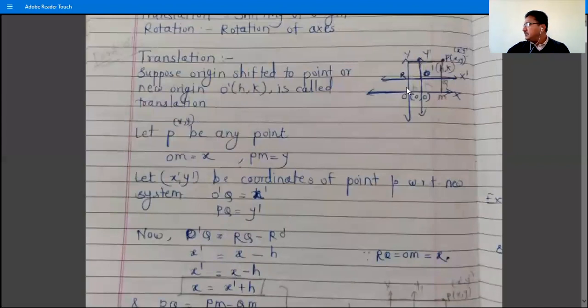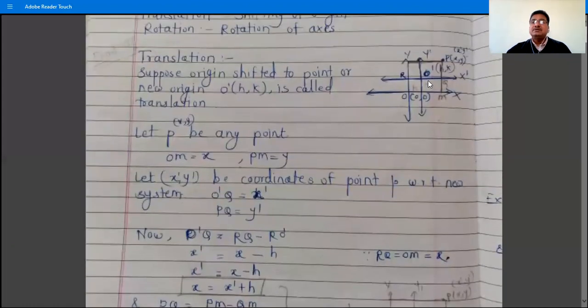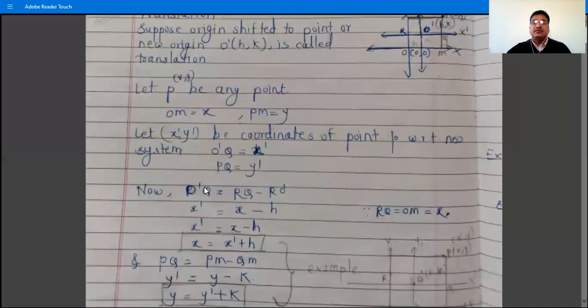That is, after shifting the origin, the coordinates of the same point change. Suppose this point is Q, then this distance O dash Q is x dash, and this distance PQ is y dash. And now what do we have? This O dash Q is OM minus the shifted part.